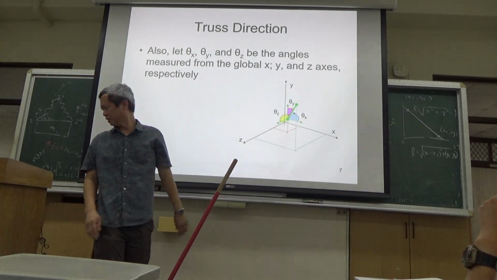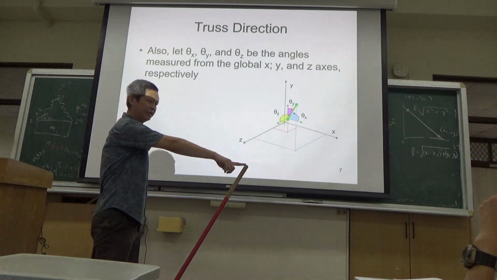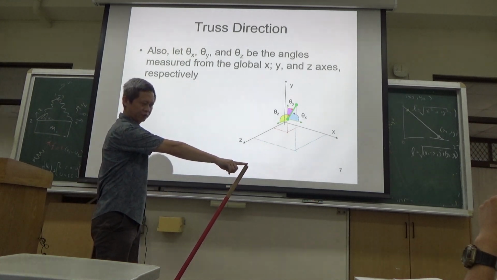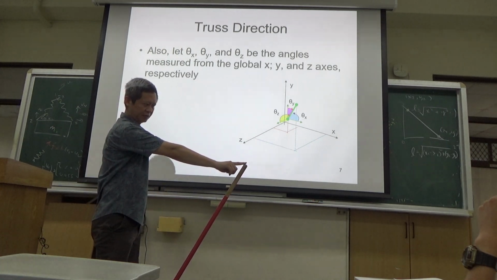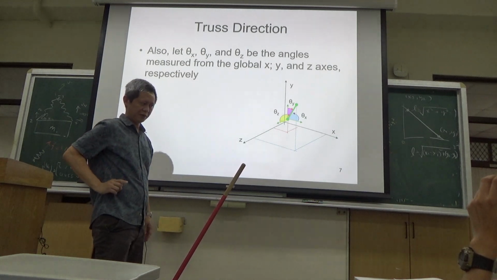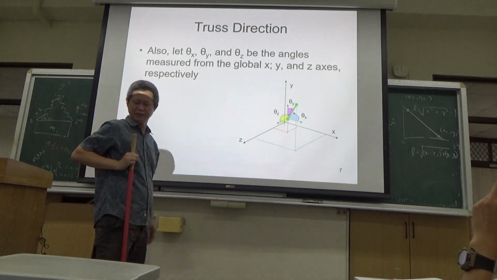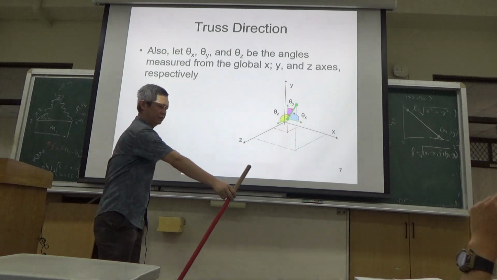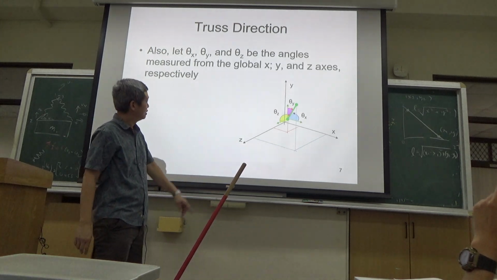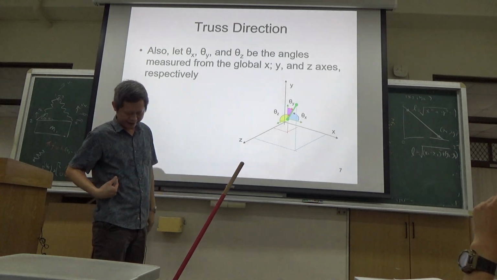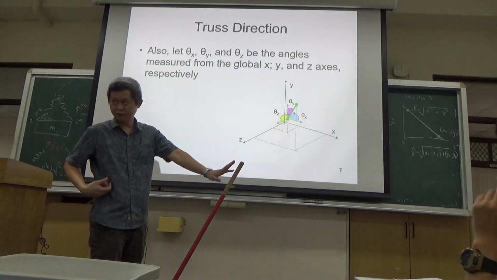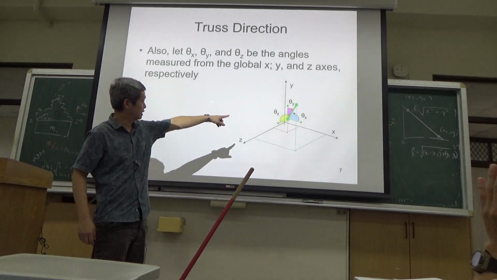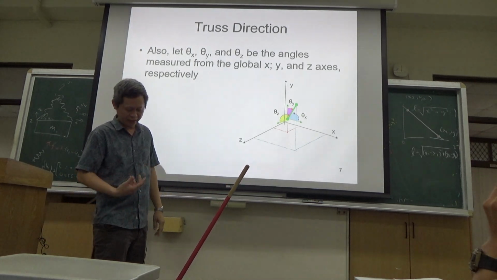Define the projected length. Projected length must be from the stick tip to my vertical axis. It's projected from there to here. So this projected length divided by the full length will define the cosine angle.